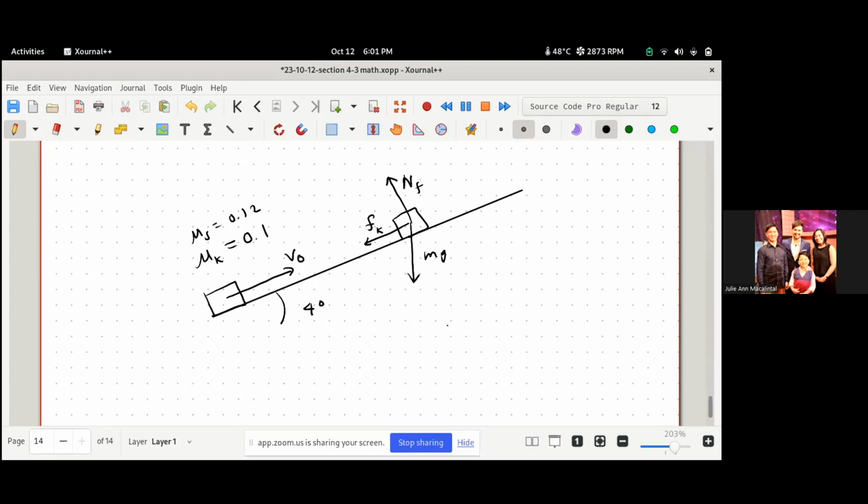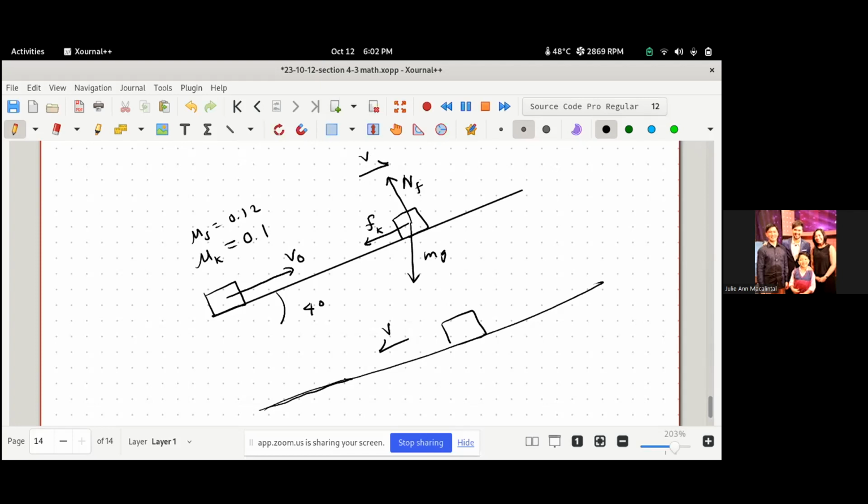Ngayon, so that's going up. Paano yung going down? So velocities in this direction. Ito, velocities in this direction. Kasi di ba, eventually, slides up, it's going to slow down, hihinto, and then it will slide downwards.